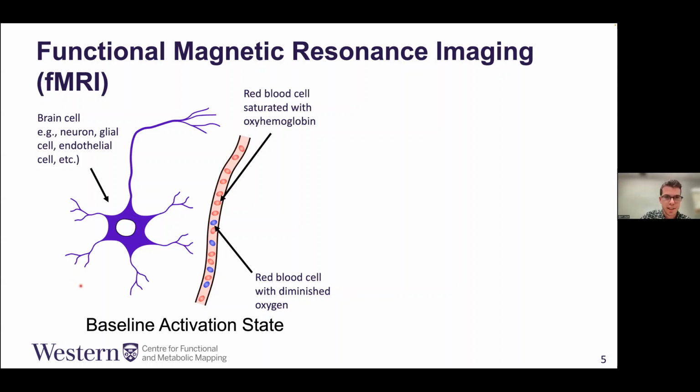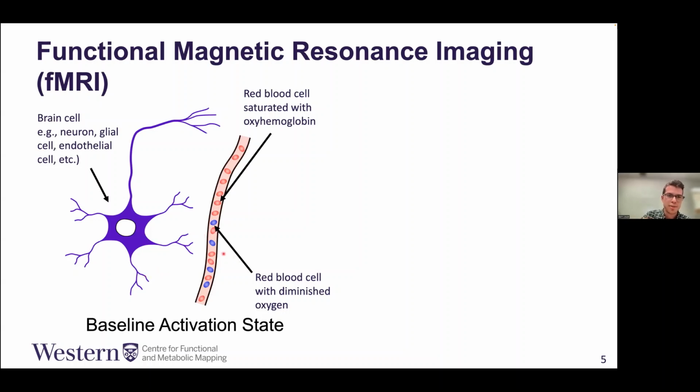And it gets that oxygen from nearby blood vessels, and specifically the hemoglobin in red blood cells. So the red ovals represent red blood cells with hemoglobin saturated with oxygen. And then the blue ovals represent red blood cells after some oxygen has departed and gone to the cells. So at the baseline state, we have this situation.